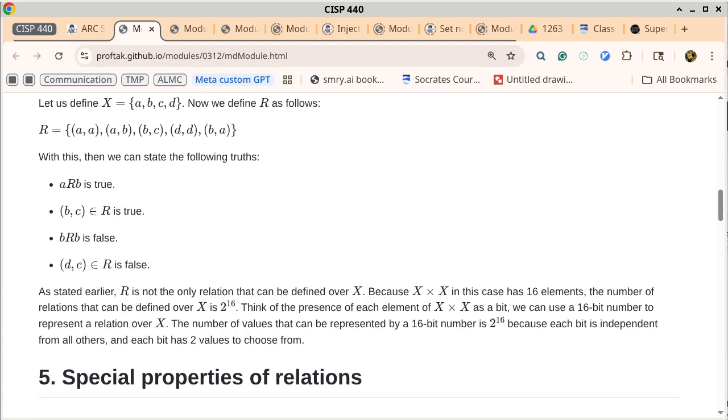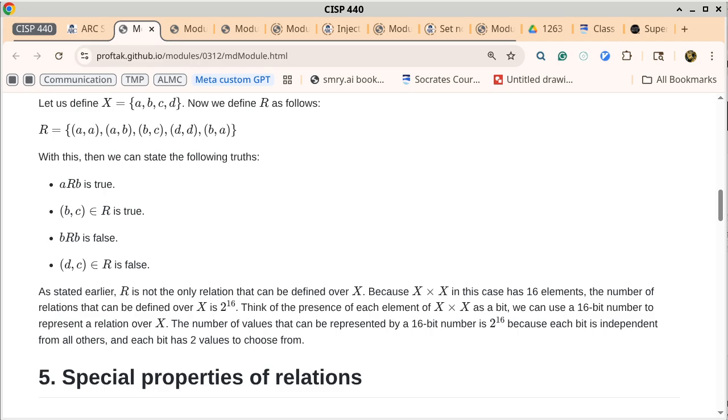Is R the only relation that can be defined over X? It is not the only relation that can be defined over X, because X cross X, the Cartesian product between X and X in this particular case, has 16 elements because X itself has 4 elements.